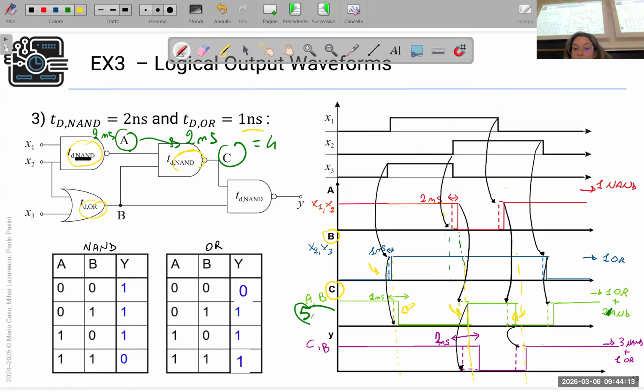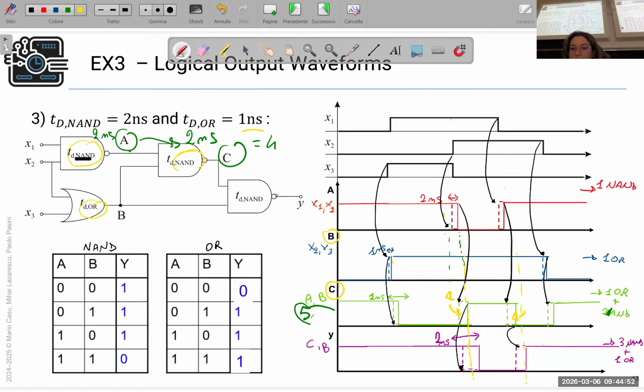Okay. So here, there is no transition, so no delay. Here there is a transition of these two inputs, but the output does not have a transition, so that's fine. Here, we have a transition caused by the green, so C. And the delay of C was 4, total of 4.